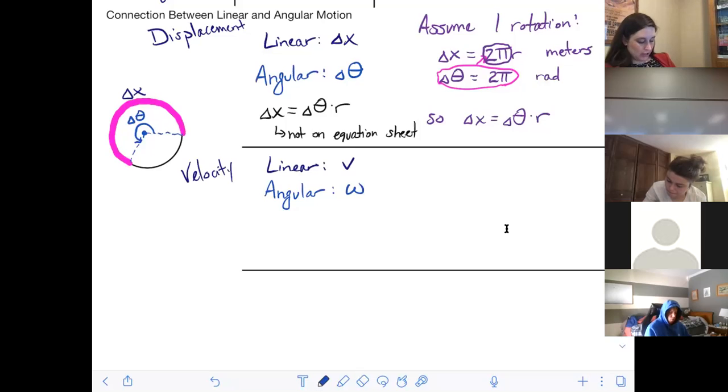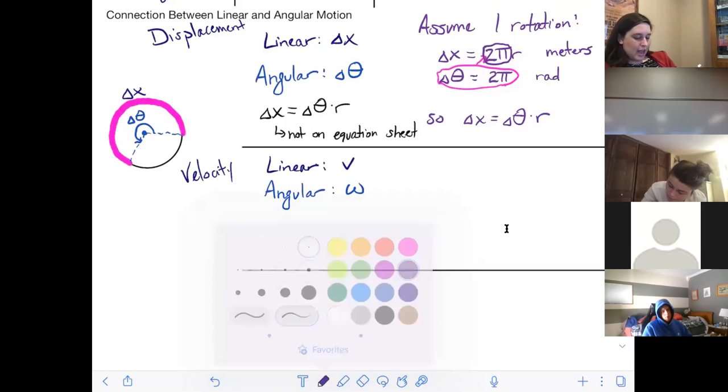How quickly did we sweep out our motion? Did I do it slowly, or did I do it really fast? Again, just like how the linear and angular displacement were connected, linear and angular velocity are connected as well.